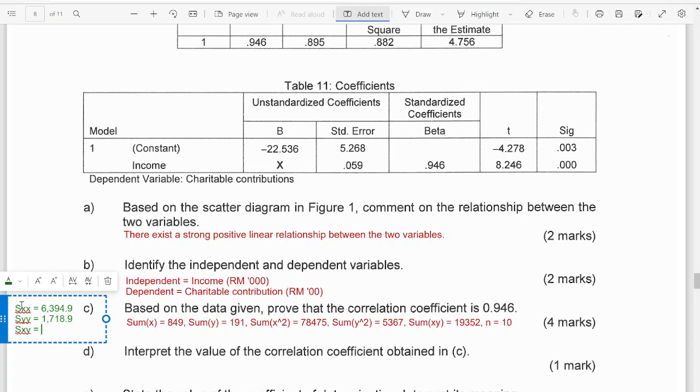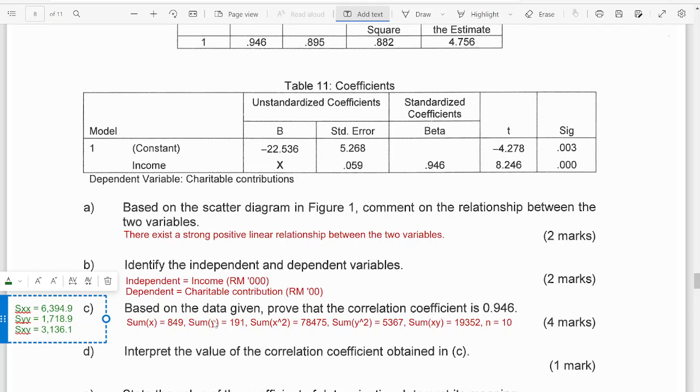And then finally for the XY, so you have summation of XY, 19352 minus summation of X times summation of Y, so minus 849 times 191 divided by 10. So you get 3136.1.